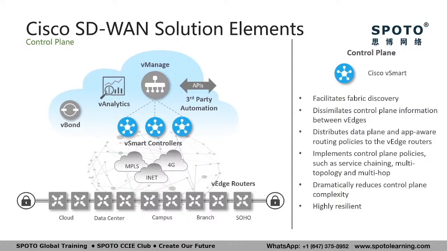When delivered as a cloud service, vSmart controllers are redundantly hosted in the Viptela cloud. When deployed as an on-premise solution by the customer, it is the responsibility of the customer to provide adequate infrastructure resiliency.